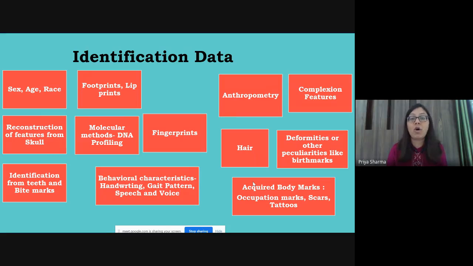But in case of fingerprints, and today I'm going to focus on this one particular point, that is how we can establish identity using fingerprints, even monozygotic twins have different fingerprints. So this is one of the most important factors that we can use for personal identification.